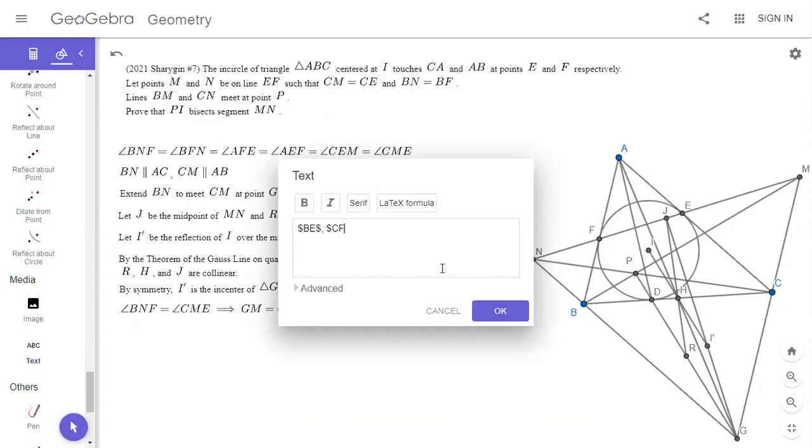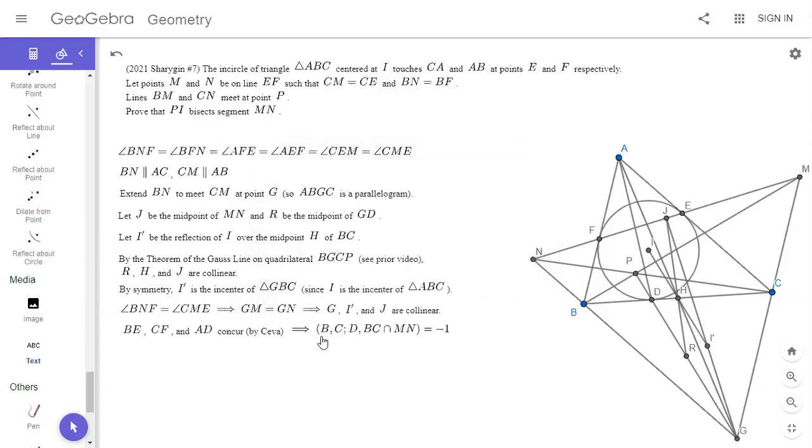So BECF and AD concur by Ceva. Now we're using projective geometry.